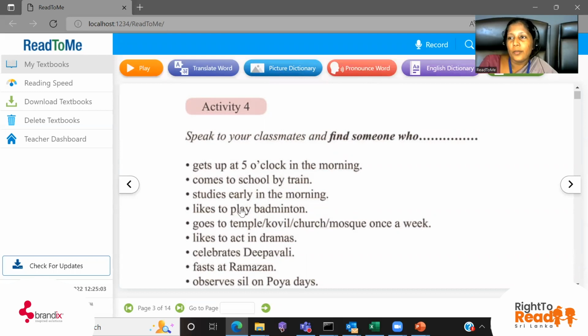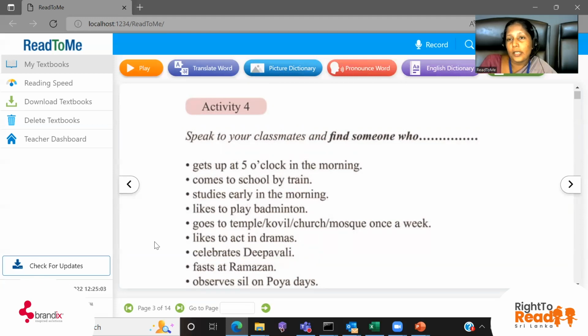Okay, children. Before ending our session, I would like to tell you something which is very important. When you consider this Read to Me app, it's a very useful app for you. You have the syllabus from grade 3 to grade 8 upwards. In this Read to Me app, the team has done a good job. The grade 3 to grade 8 app is available on your smartphones, so make it a point to download it. There are a lot of options as well.